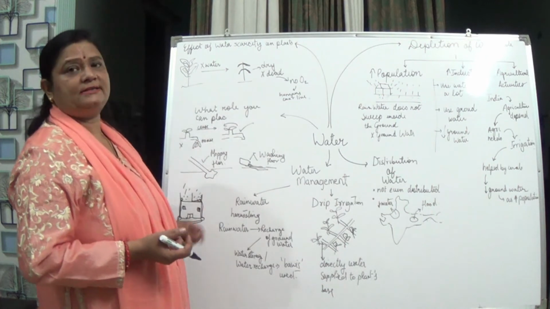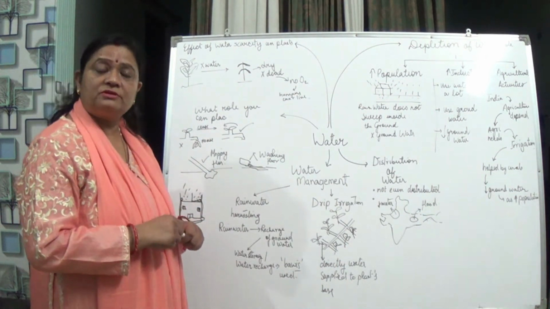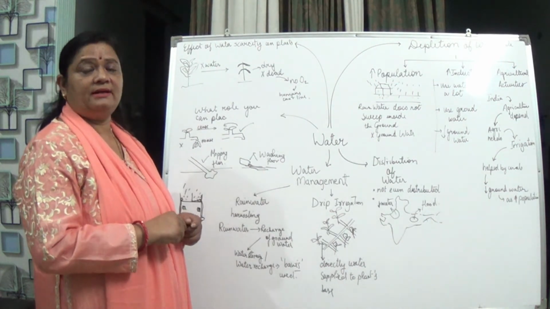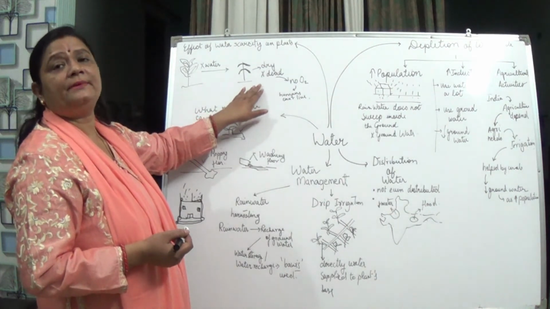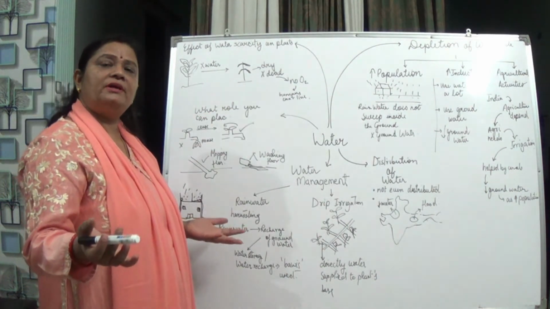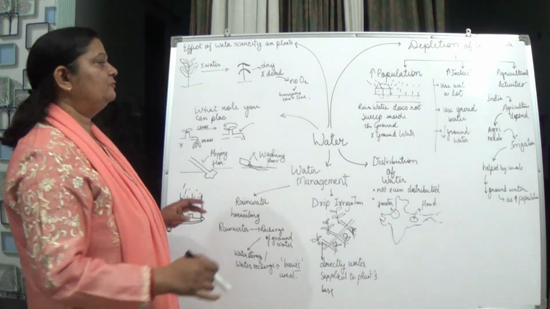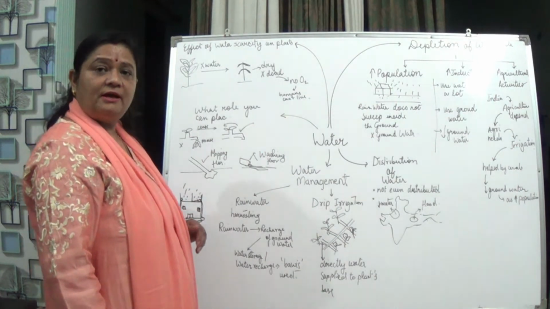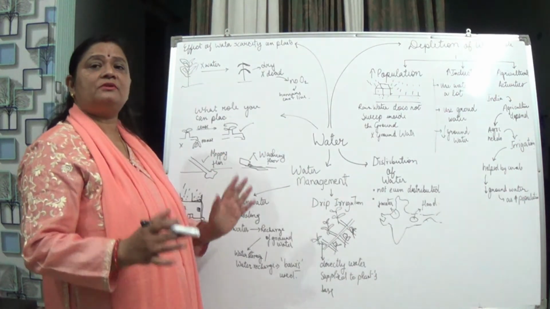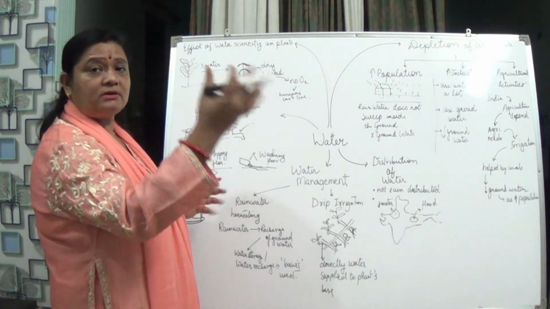And if it dies, we all know these plants, during the process of photosynthesis, take in carbon dioxide and give out oxygen. Naturally, what will happen? The oxygen level in the atmosphere will also decrease. And if it decreases, what will happen? Human life will become difficult, because this is the photosynthesis done by the plant, in which it gives out oxygen.